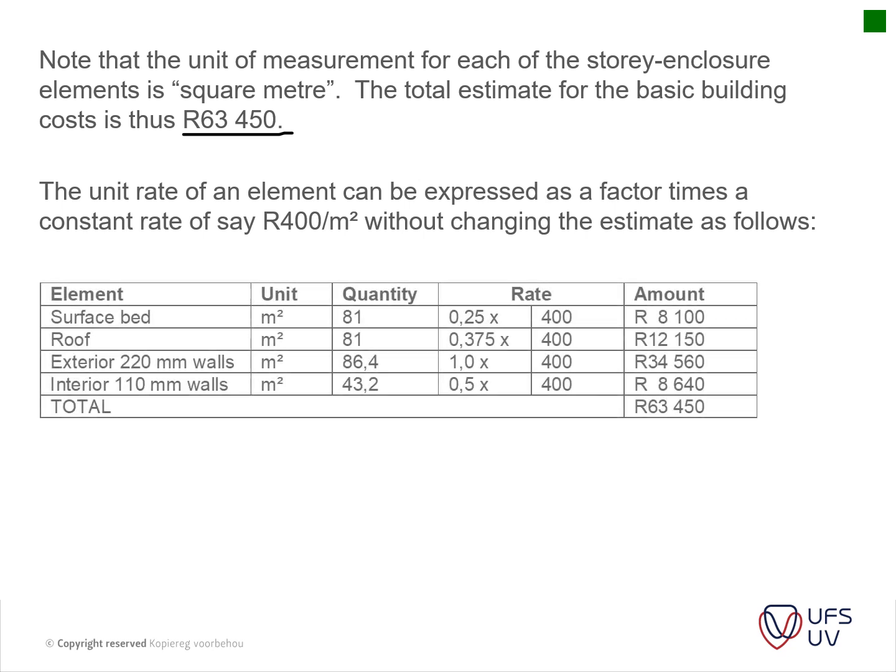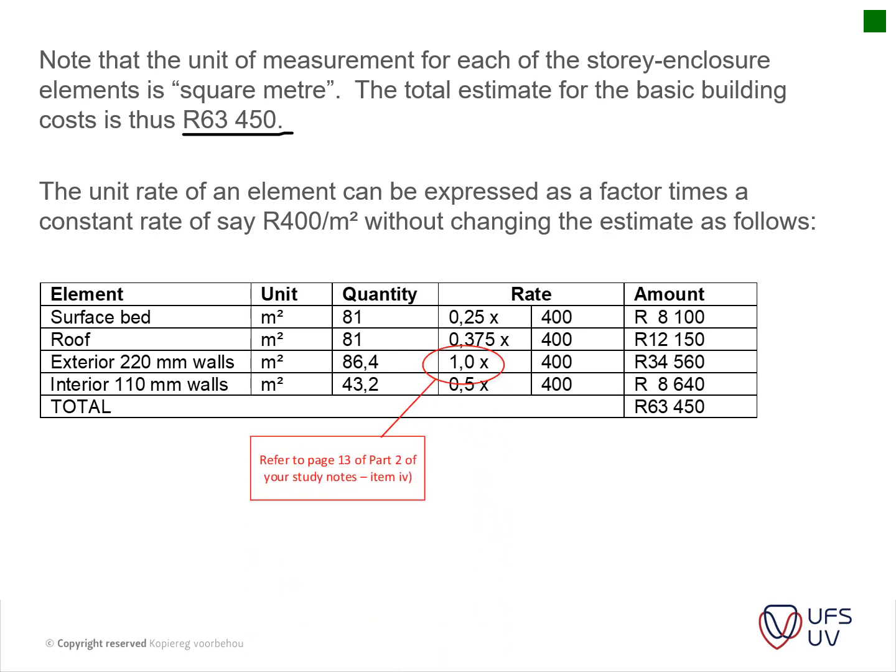So the 400 that they got was basically taking a factor. If the exterior walls has a factor of 1 and its given rate was 400, then one can calculate what the factors should be for the other elements to actually get to the rates that we need.